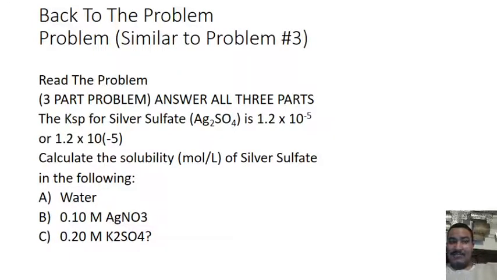Now we go back to the problem. We're asked to read the problem, 3-part problem, answer all 3 parts. The KSP of silver sulfate is 1.2 times 10 to the minus 5th. And we need to calculate the solubility of silver sulfate in the following. We just solved for what the solubility, or x value, is for silver sulfate in water.